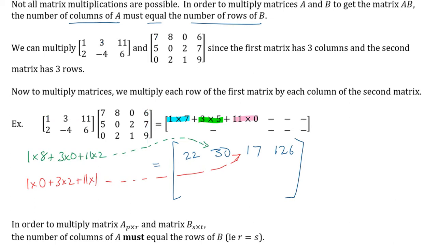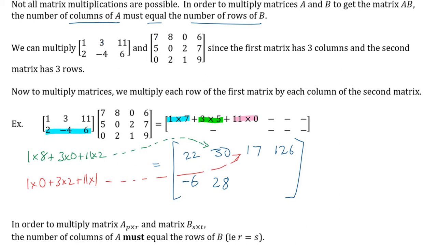Okay, and then I'm done with those, and what do I do? I move on to row 2 and go back to column 1, and I repeat the process. So this is 14 minus 20, which is negative 6. Next one, this is 16 and 0, and 16 plus 12, which is 28.